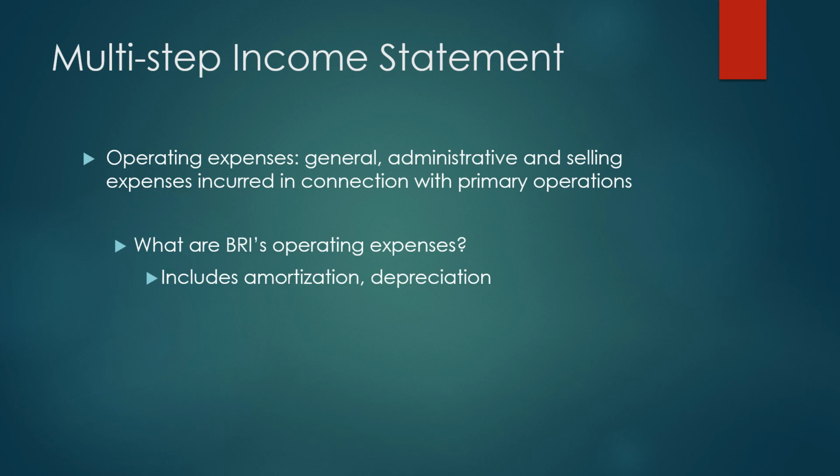It's not in the operating expense section, but operating expenses might include rent expense, depreciation expense, amortization expense, utilities expense, and other expenses incurred in connection with their primary operations.